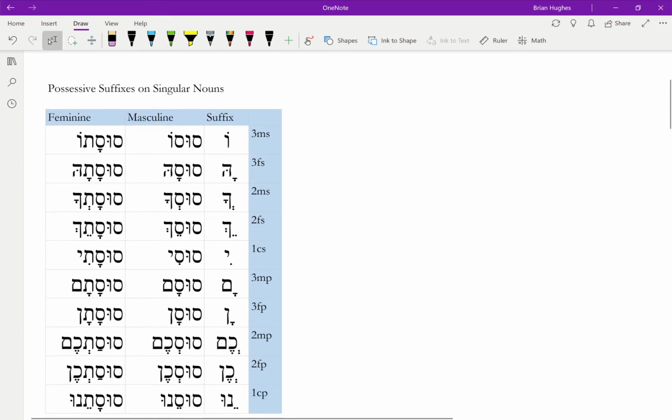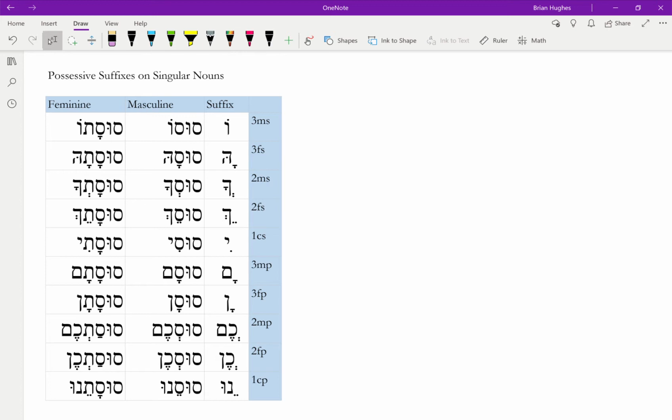So let's review our possessive suffixes on singular nouns. Remember that these communicate possession, a way of saying his horse or her land, things like that. Here are the suffixes that get added. Our third masculine singular is this holem vav, o.